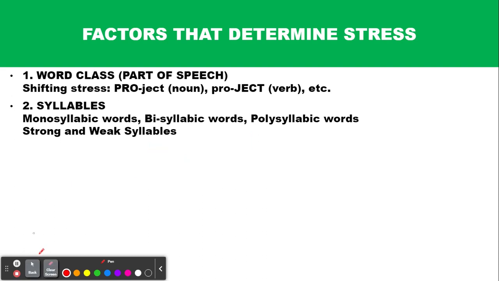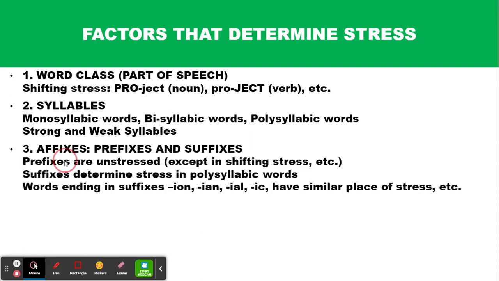Now, let's move on to the third factor that determines stress, and that is affixes. Affixes are parts of a word, and there are two types of affixes: prefixes and suffixes. I have a video lesson on word formation, so if you browse through the channel, you will find it, and you will learn how words are formed in the English language.